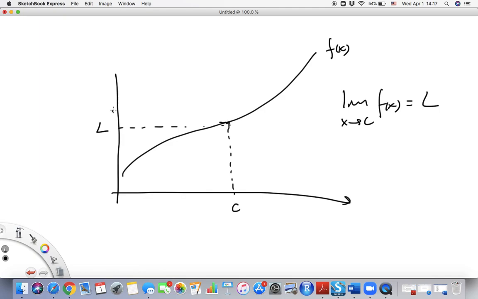Because you take any interval around L of radius epsilon, so this is L plus epsilon, this is L minus epsilon, then you need to find a delta such that if x and c are close enough, meaning the distance between x and c is less than delta, we have |f of x minus L| less than epsilon.